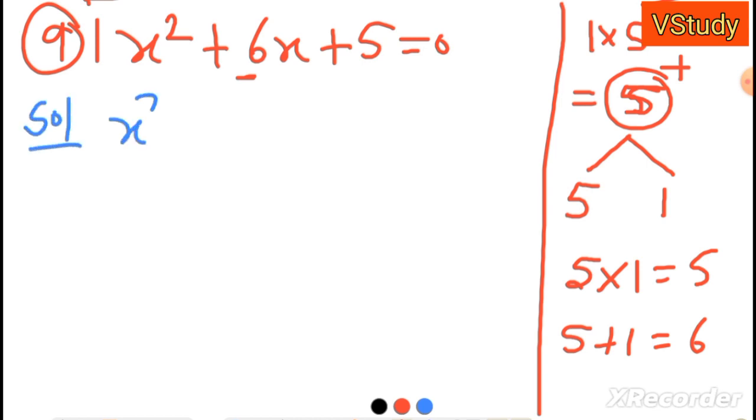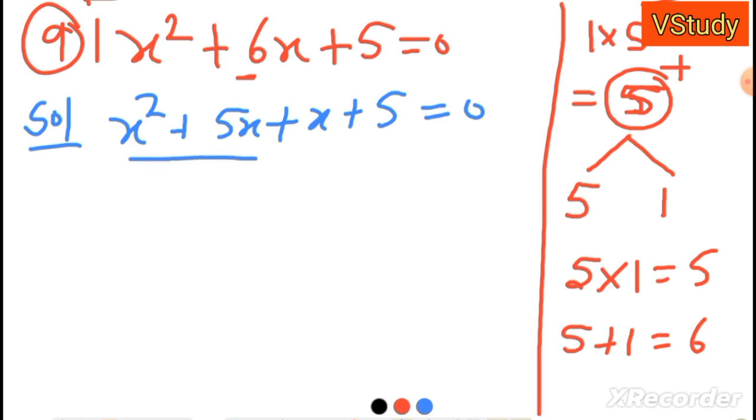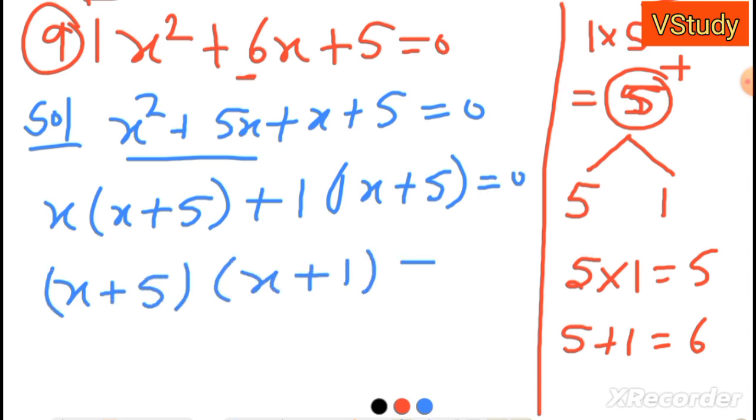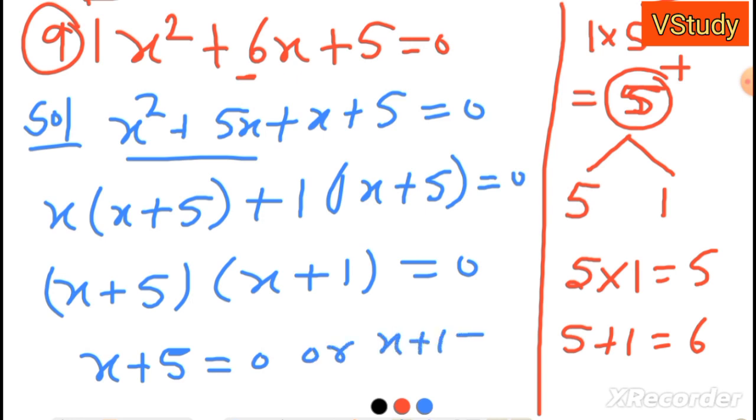We can write x square plus 5x plus x plus 5 is equal to 0. Now take x as common from the first two terms, so we have x plus 5. Now take 1 as common from the last two terms and we have x plus 5. Now you can take x plus 5 as common from both the terms and we have x plus 1 is equal to 0. Now we can write x plus 5 is equal to 0, or we can write x plus 1 is equal to 0.